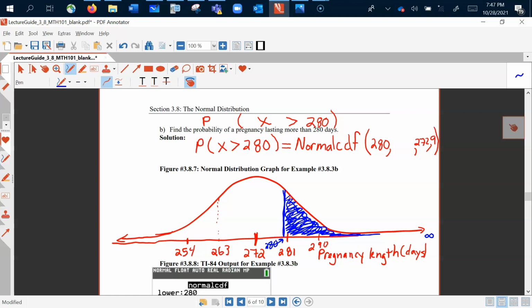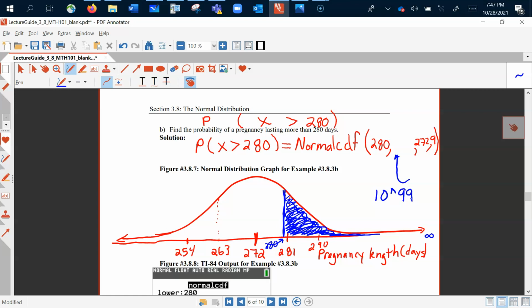Okay, so how do I indicate infinity on my calculator? So here's where I'm going to input 10 to the power of, here's my caret symbol, 99. So that will serve as such a large number that it's approximating infinity. So that'll go right there.